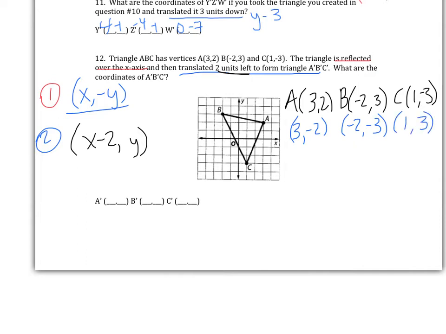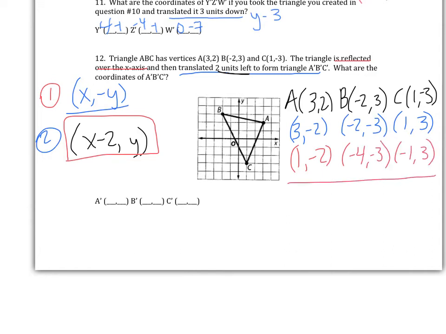Okay, but we're not done, because then we have to do this x minus 2. So we're going to subtract 2 from each x and leave the y alone. And then these are my new points. So 1, -2, -4, -3, -1, 3.